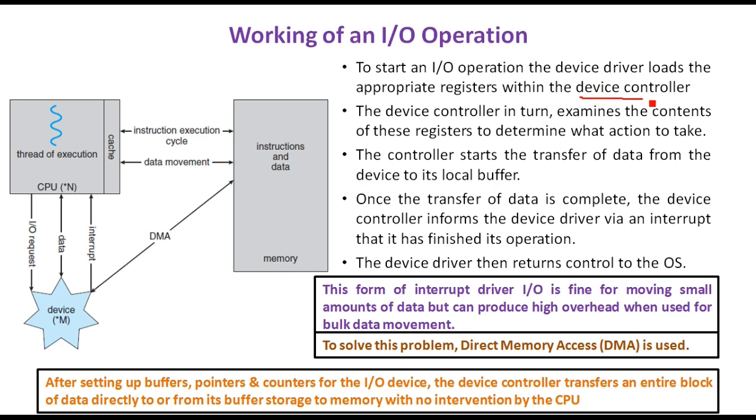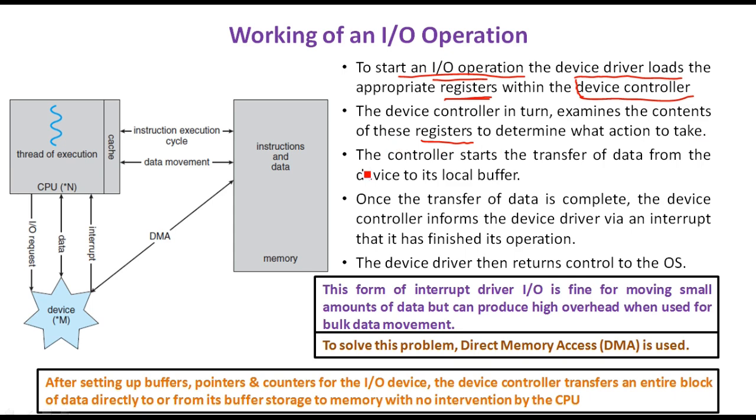As I said, when you start an I/O operation, the device driver loads the appropriate registers required to perform this I/O operation within the device controller, so that the device controller can use them for performing the I/O operations. The device controller in turn examines the content of these registers to determine what action to take.